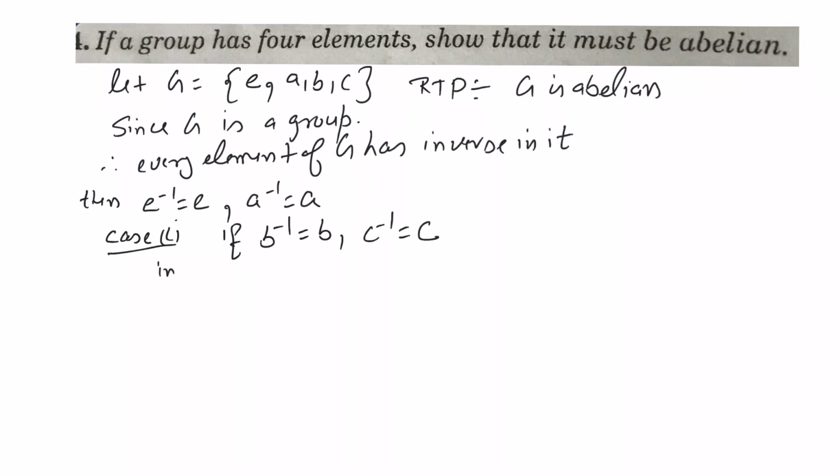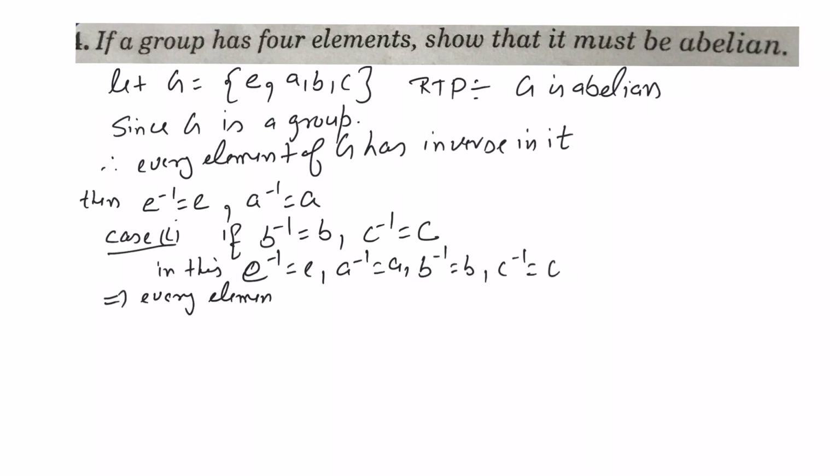In this case we have E inverse is equal to E, A inverse is equal to A, B inverse is equal to B, C inverse is equal to C, which implies every element of G is its own inverse. Then by the last theorem we have studied, if every element of G is its own inverse, this implies that G is abelian. So for that particular case G will be abelian.